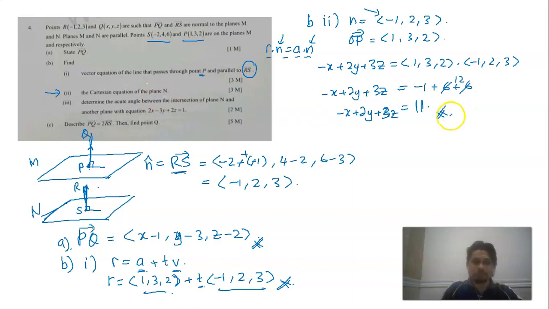There you go. Okay, so determine the acute angle between plane N, this equation of plane N, and another plane with equation 2x minus 3y plus 2z equal to 1.